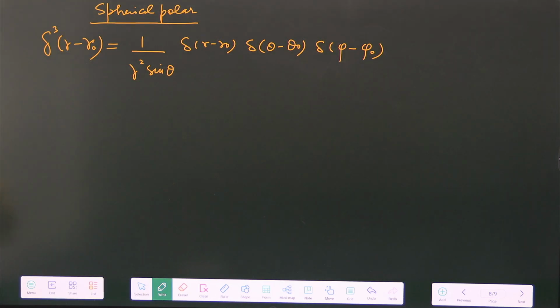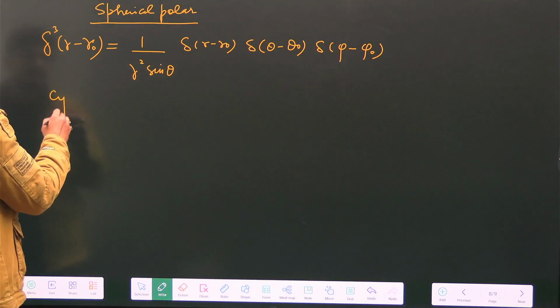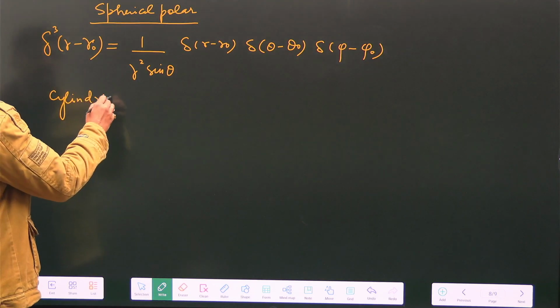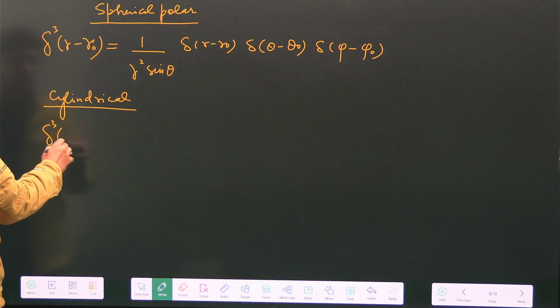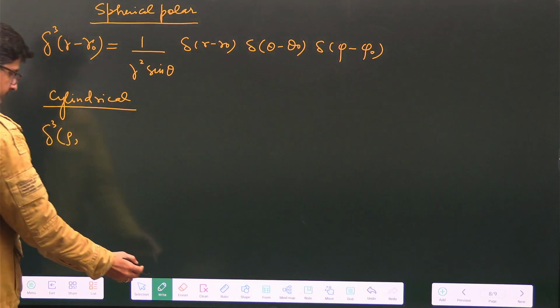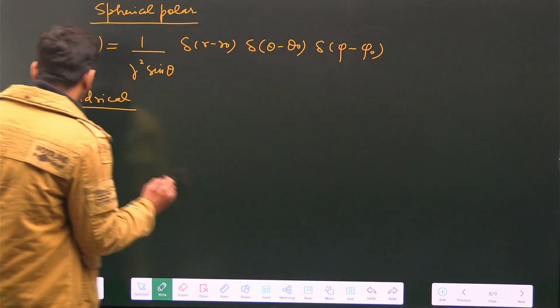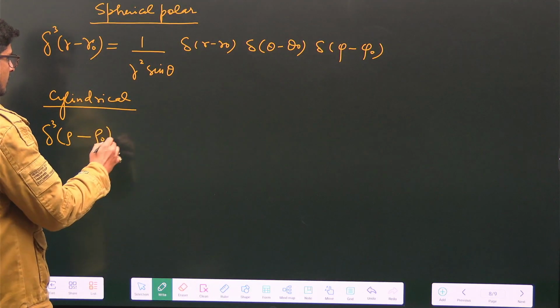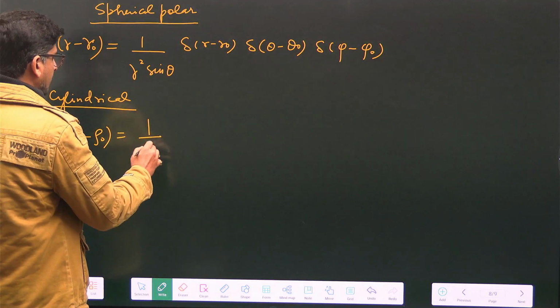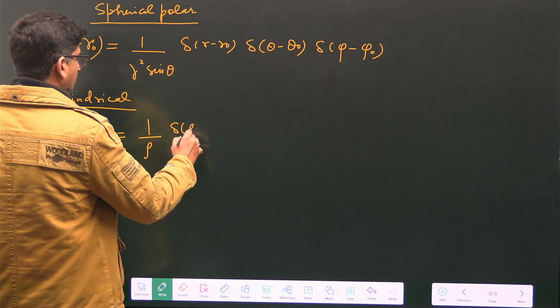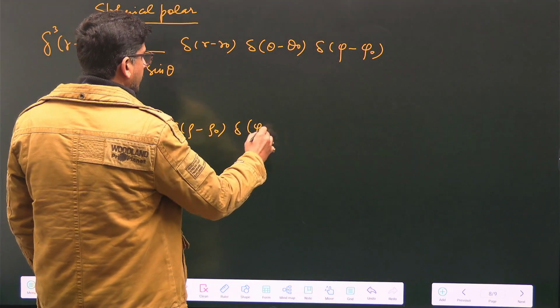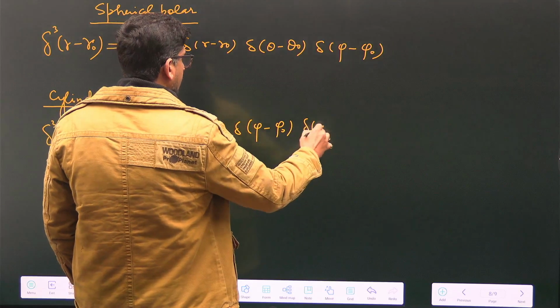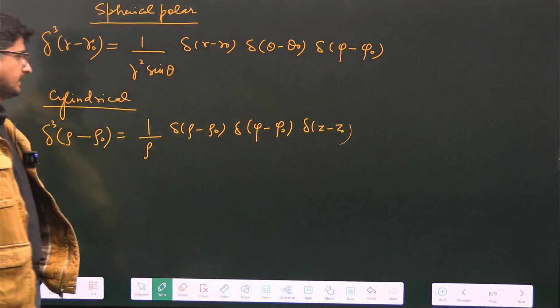And in cylindrical, del cube (rho minus rho naught) is equal to 1 by rho del(rho minus rho naught) del(phi minus phi naught) and del(z minus z naught). This is cylindrical.